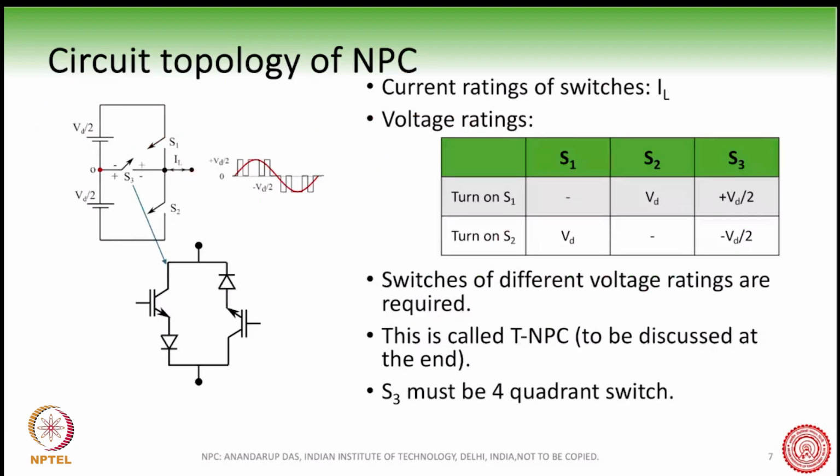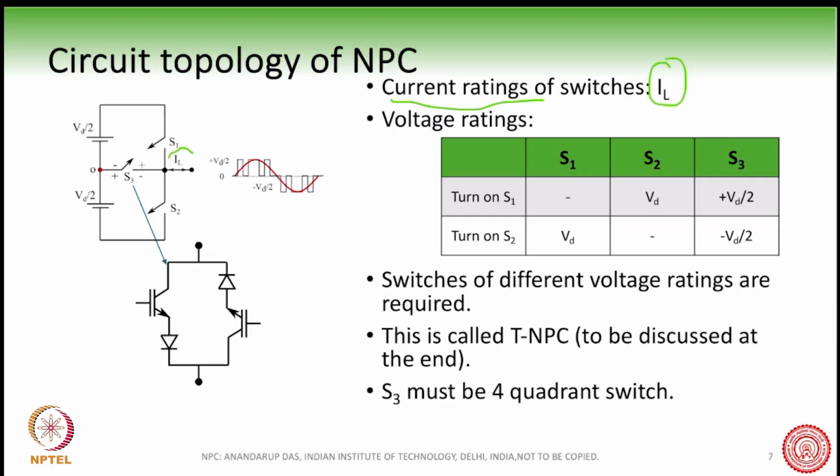Now, let us look a little more carefully at the voltage and current rating of the switches. What is the current rating of the switches? The current rating of the switch means how much current it will conduct when it is fully turned on. So this current should be equal to the load current.